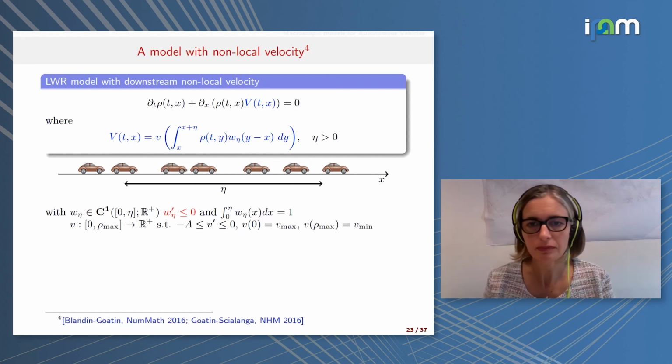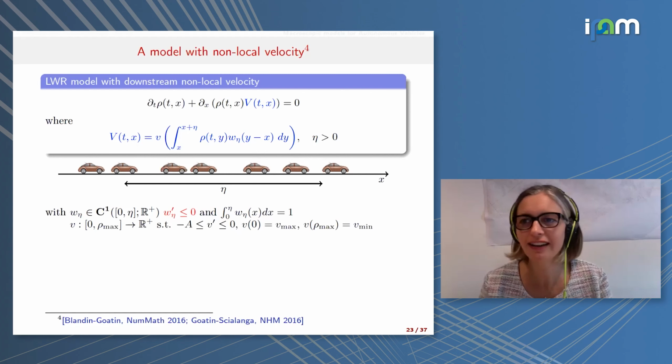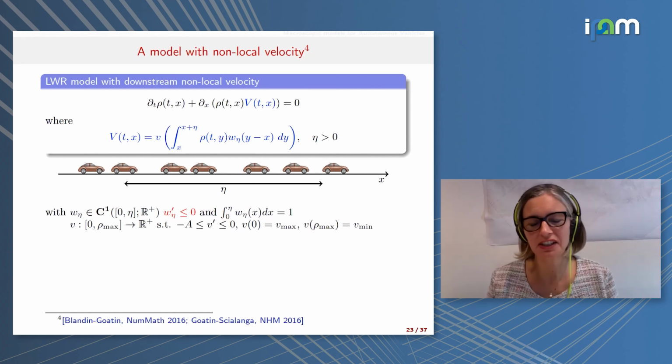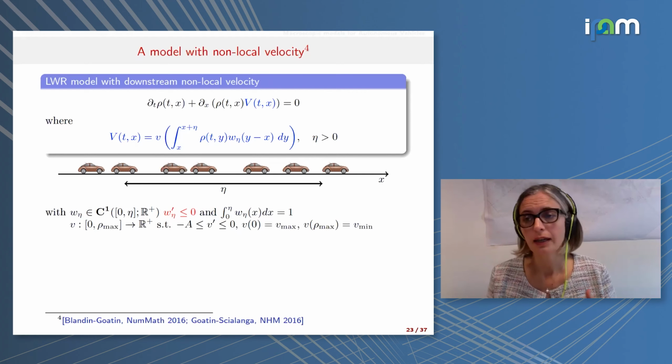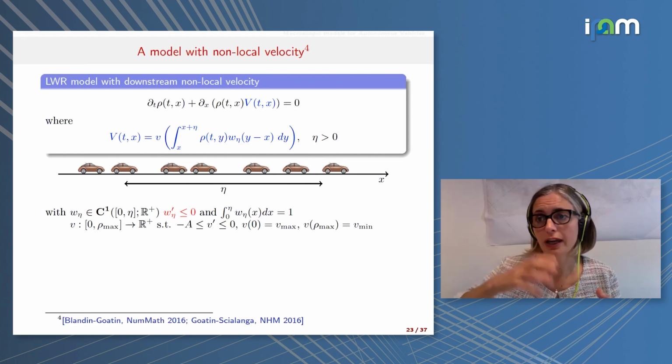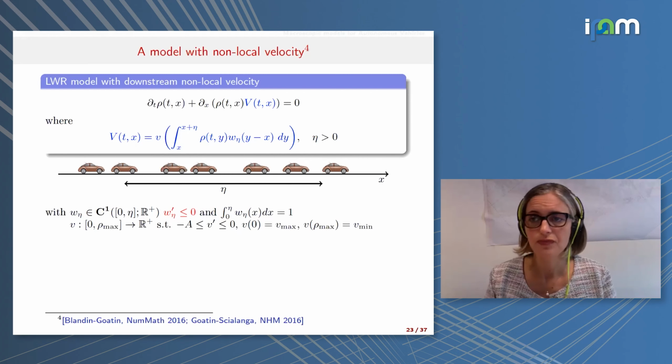Some years ago I started working with nonlocal models. These are models in which the flux function, instead of depending on the density only, may depend also on an integral of the density.